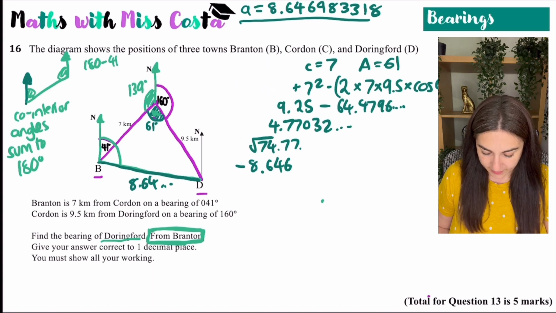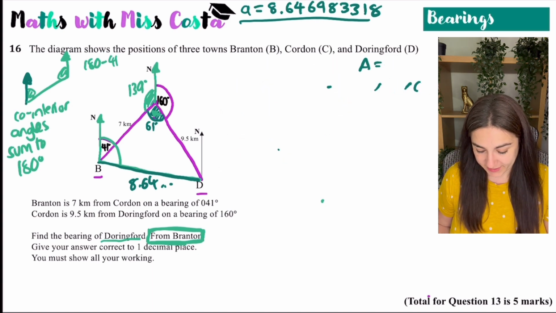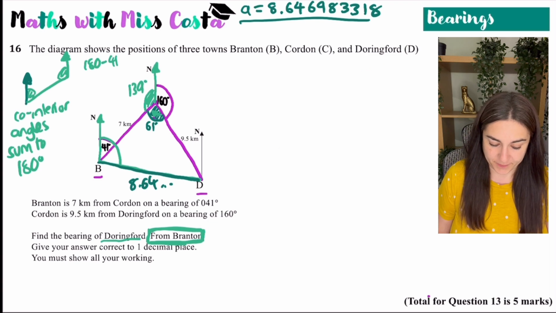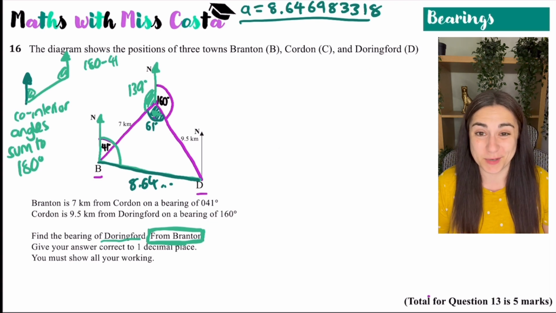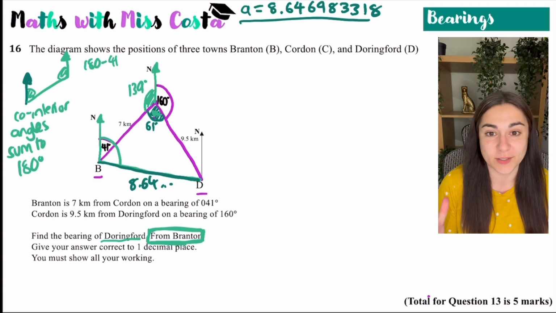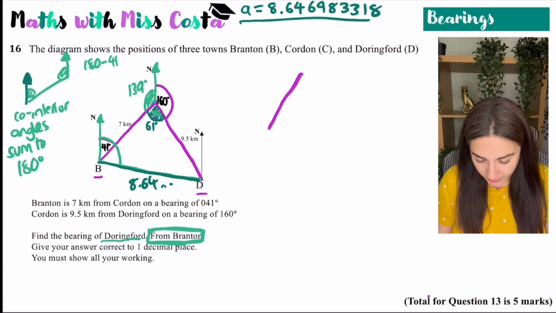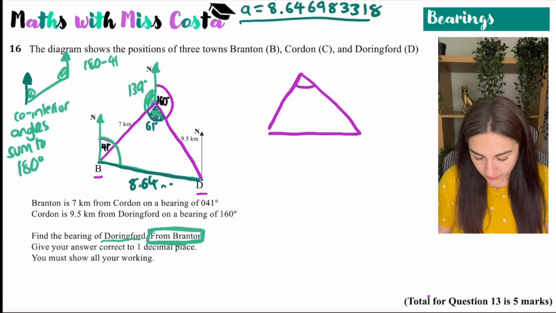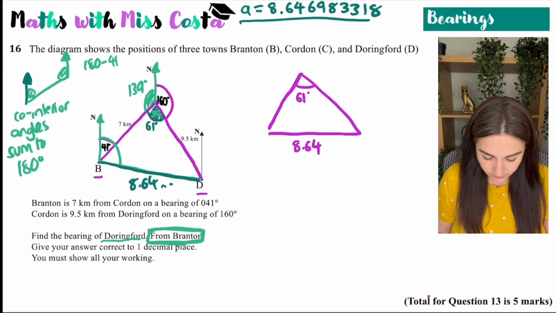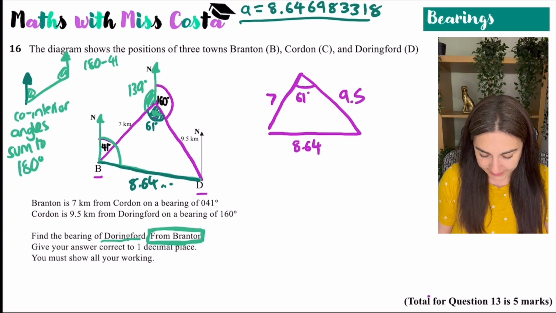Now, once again, I've got the same triangle, and because it's a tricky question, and a question similar to this appeared as the last question on one of the papers, this is not an easy question, but I just wanted to throw it in there because it's important. So let's have a look at what we know now. We know that this is 61, we know this is 8.64, we know that this is 9.5, and that this is 7.